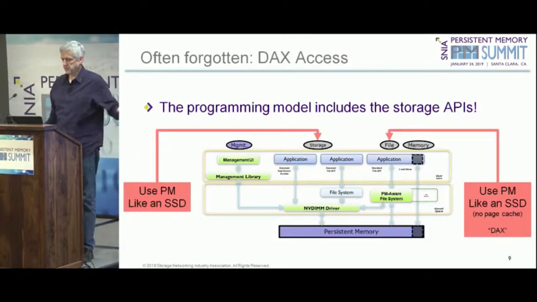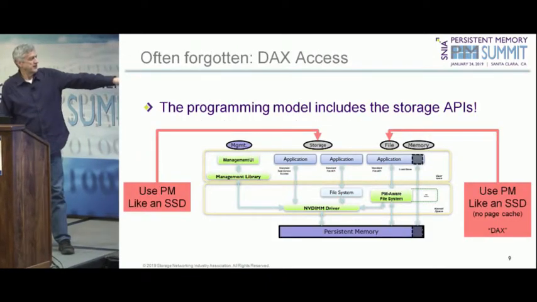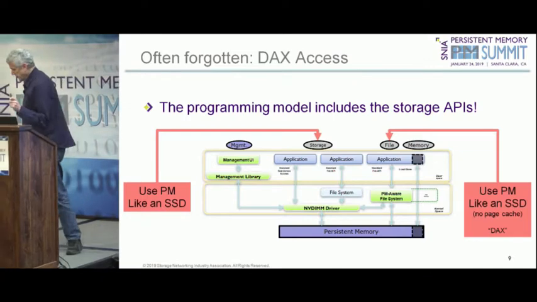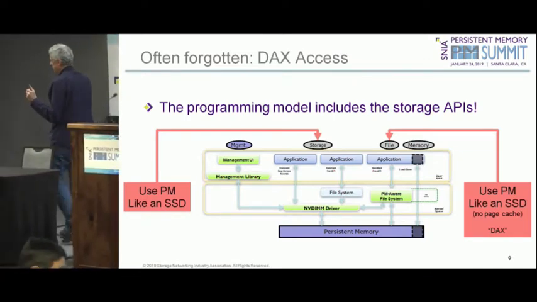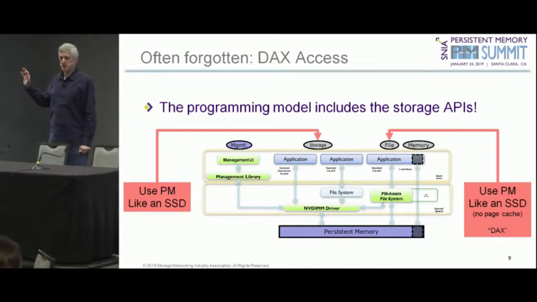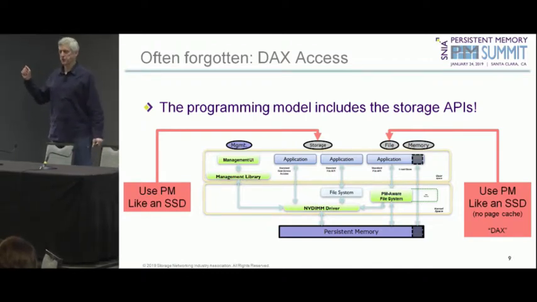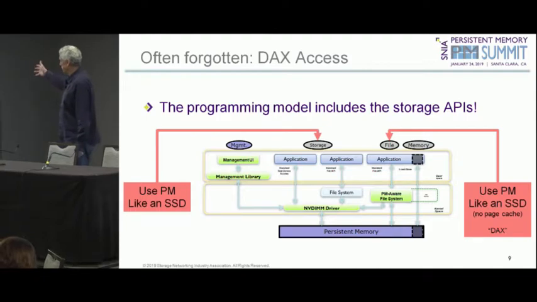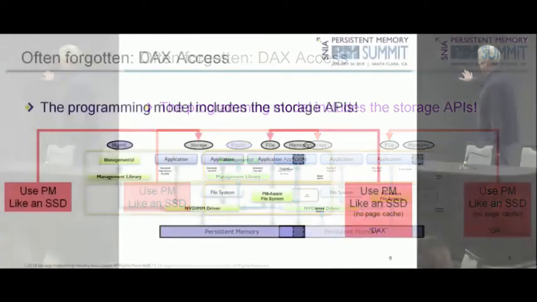So then going back to my little diagram here, another thing that I think people maybe don't understand that's worth mentioning is that the programming model is not just built on the storage APIs, it's almost 100% the storage APIs. Everything that I've mentioned so far are APIs that have been around forever, right? They're standard APIs.